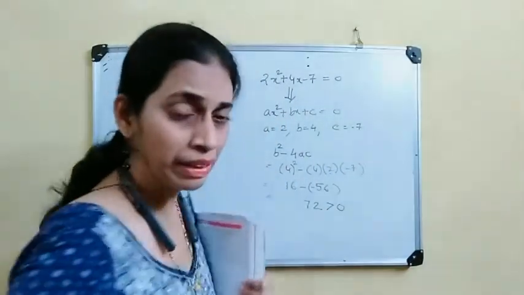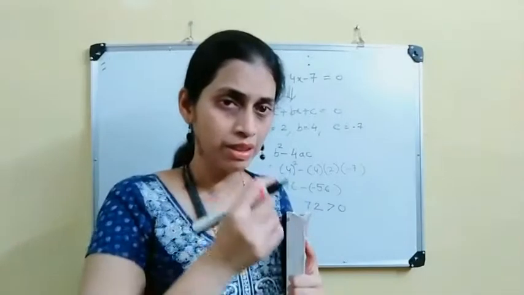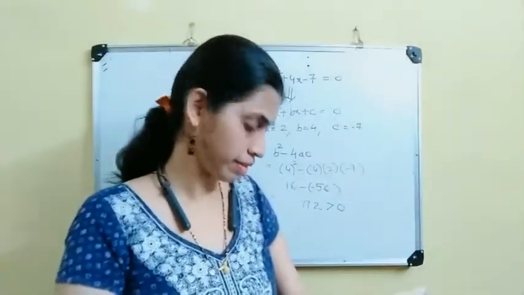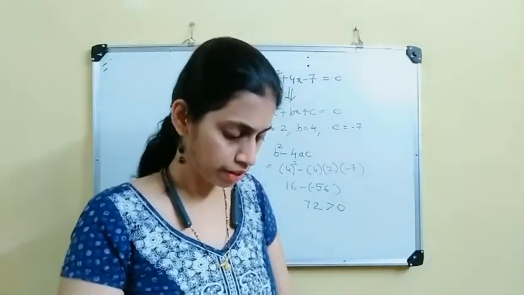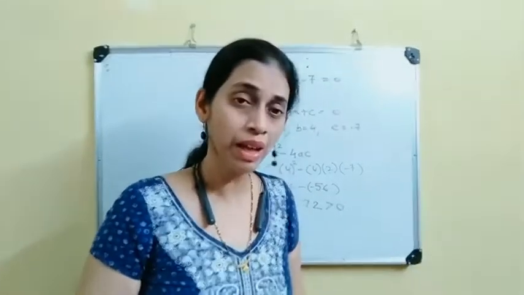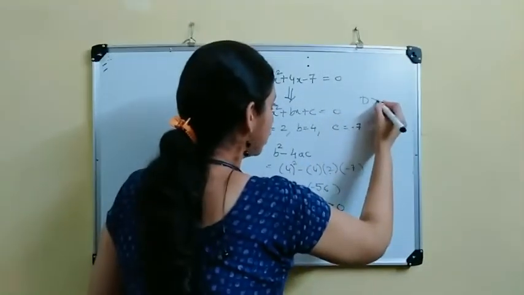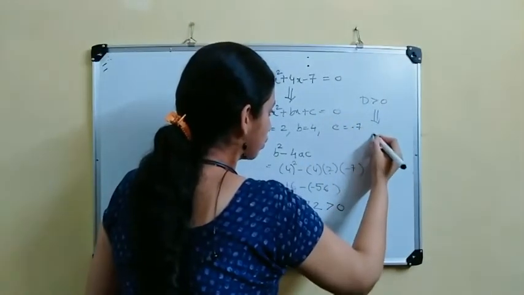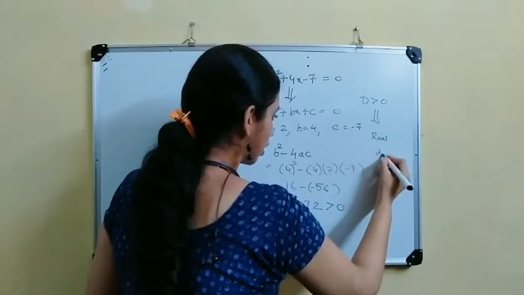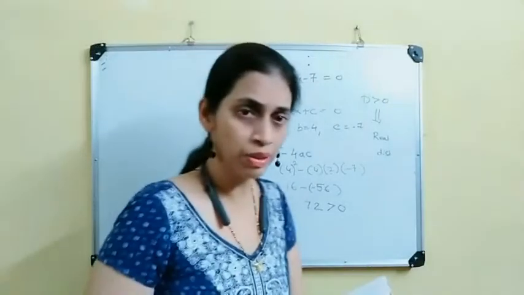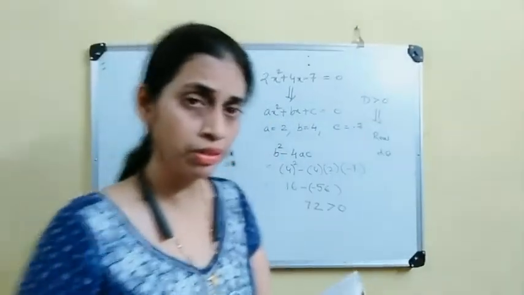If you recollect, if d is greater than 0, then what will the roots be? If d is greater than 0, the roots will be real and distinct. So you can note it down: d is greater than 0, so the roots are real and distinct.